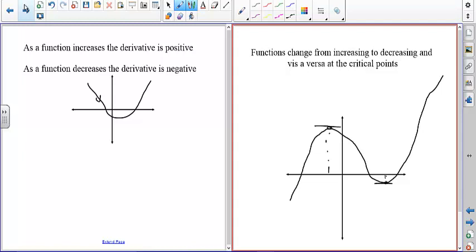We gave the example where there is a critical point where it doesn't change. But we do know that when you have a local maximum, in this case where you change from increasing function to a decreasing function, that at that point there is a critical number. Likewise, when you go from decreasing to increasing, the point where it changes from going one direction to another direction is going to be a critical point.